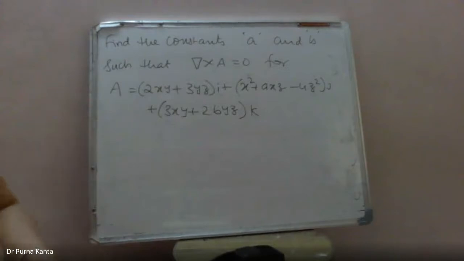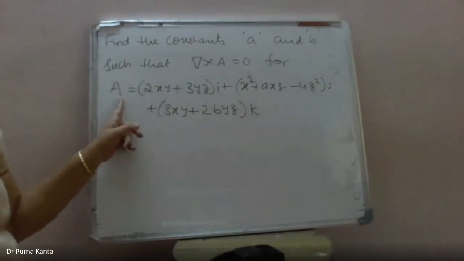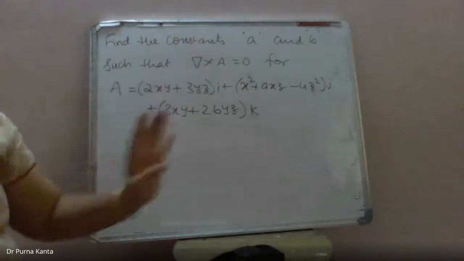We are asked to find out the constants a and b such that curl of the given vector is equal to 0.